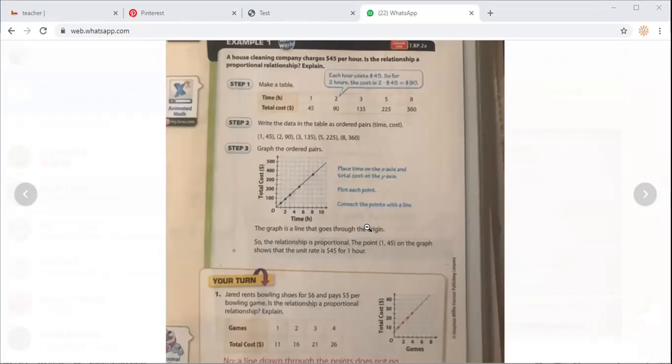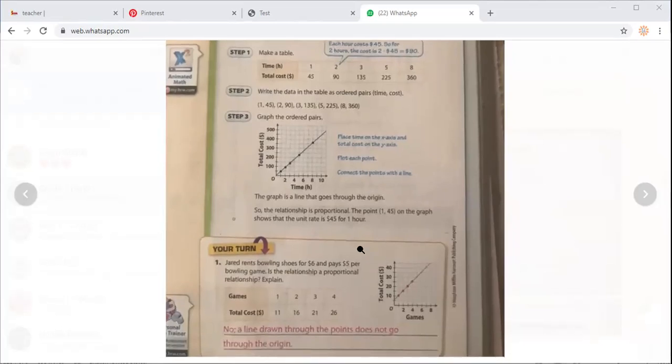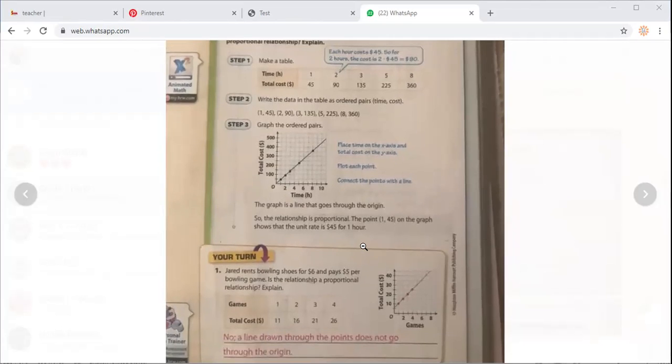Even if you try to calculate a constant value, for the first one it will be 11 over 1 equal 11, 16 over 2 equal 8, then they are not equal, which means they will not be proportional. Understood? So no, a line drawn through the points doesn't go through the origin.